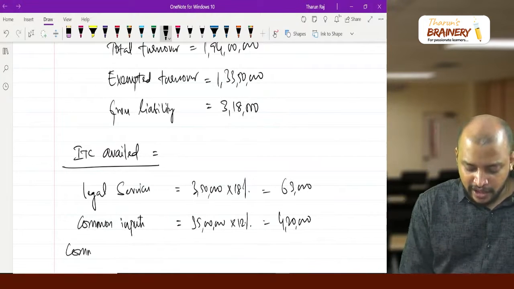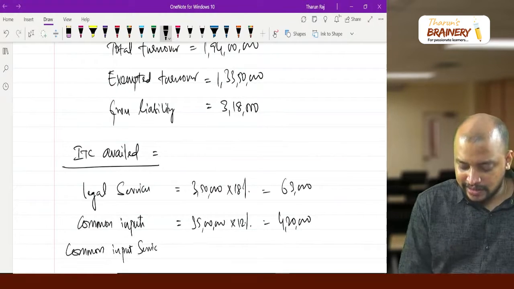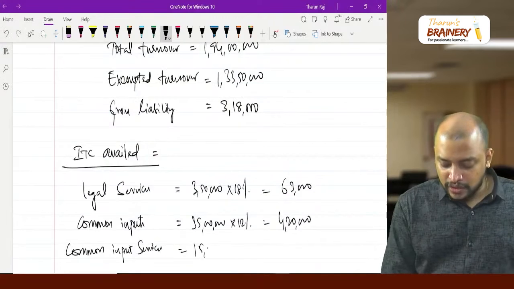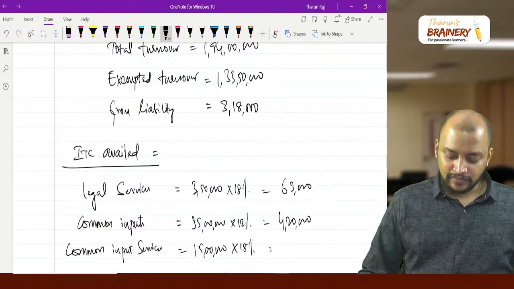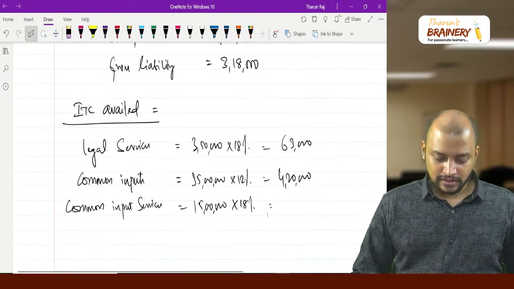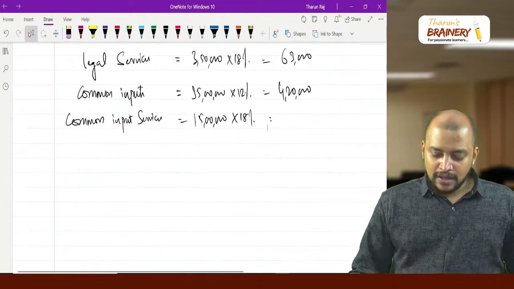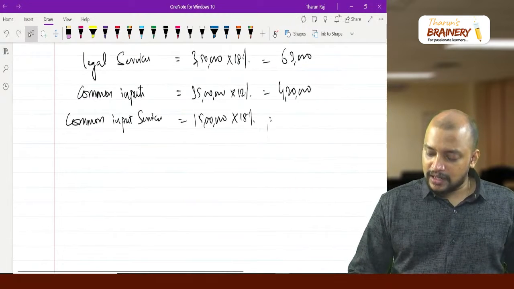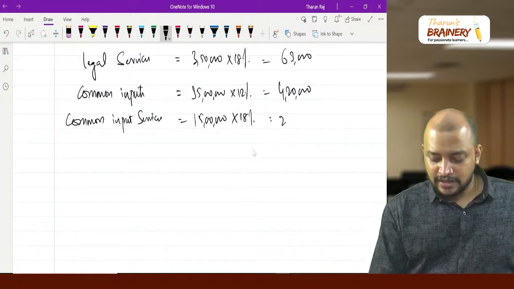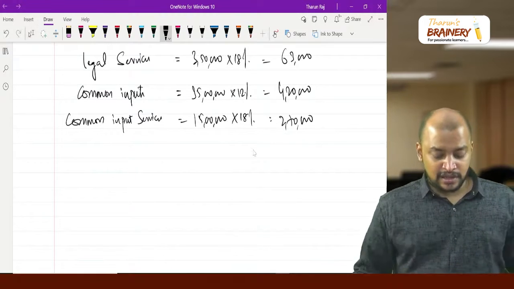On common input services, 15 lakhs into the rate of GST 18% is 2,70,000.